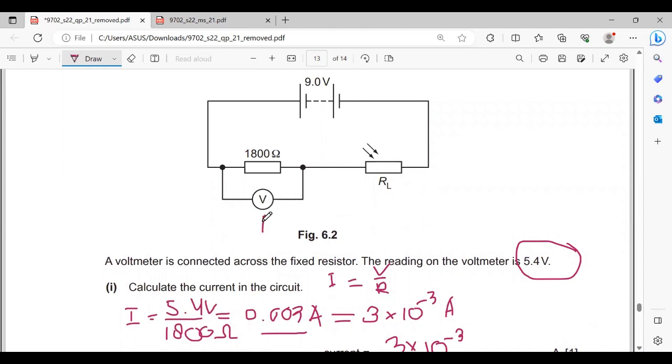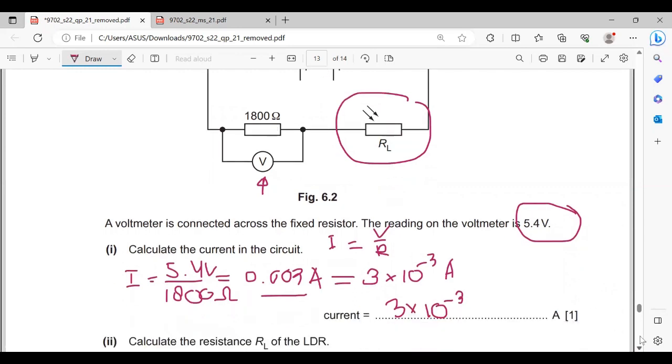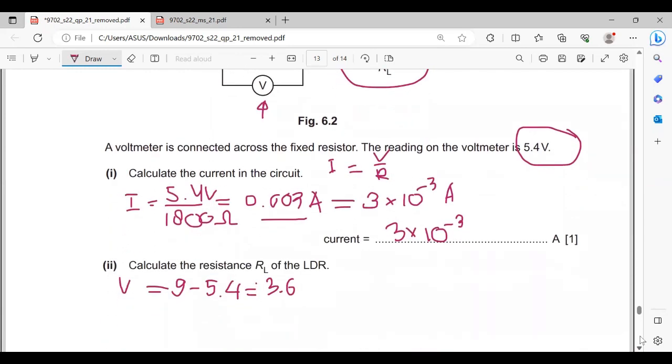If this is 5.4, it means this one must be 9 minus 5.4, because the total potential difference is the accumulation of this one and the LDR. So 5.4 plus 3.6 equal 9.